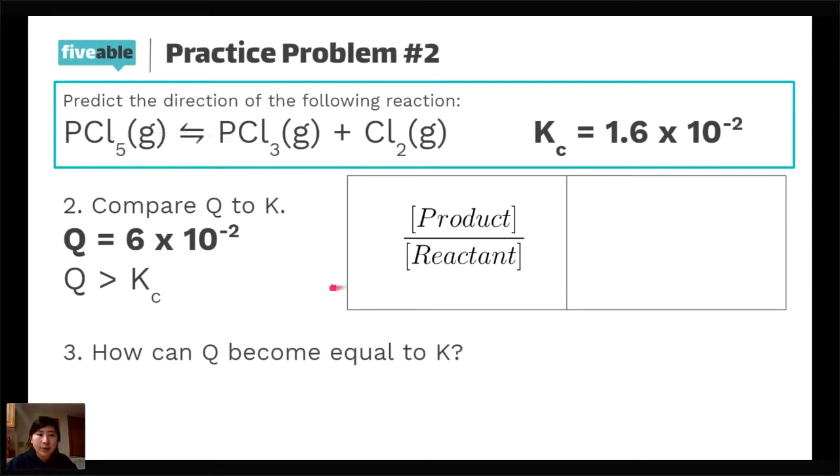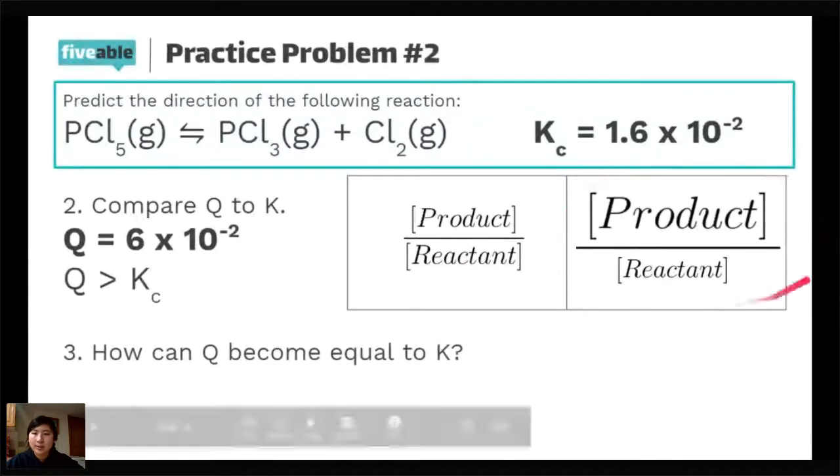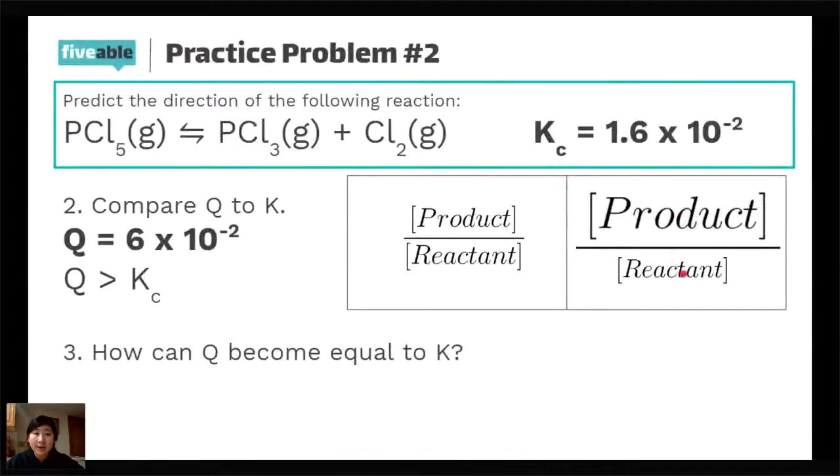So remember, the K and the Q are both calculated through this general type of equation where the product is divided by the reactant, which is on the bottom. So if Q is greater than K, let's pretend this whole reaction is equal to Q. That means that we have a ton of product and very little reactant.